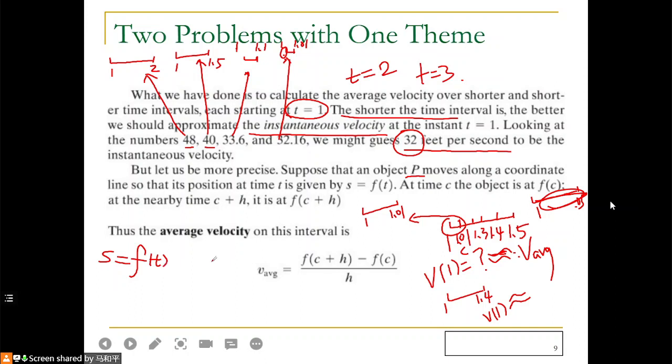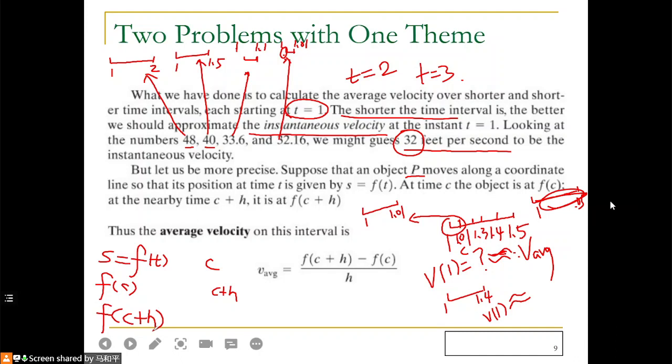At time c, the position of the object is f of c. At a nearby time, like 1.01, we write c plus h. So we have the position f of c plus h.